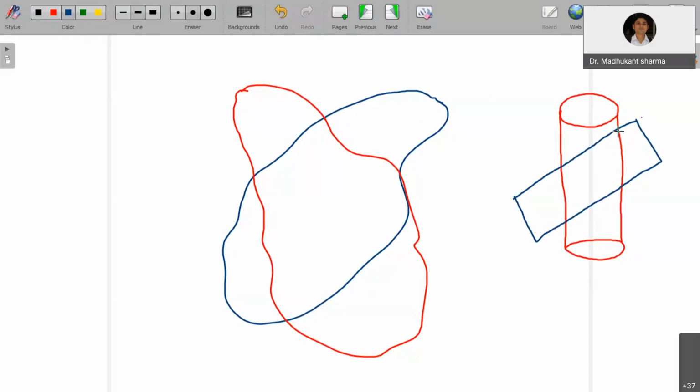It will intersect, and that will give you some curve. So the intersection means what you get when you cut down a pipe. When you cut a pipe, you will get some equation of an ellipse or something in this cylindrical one.